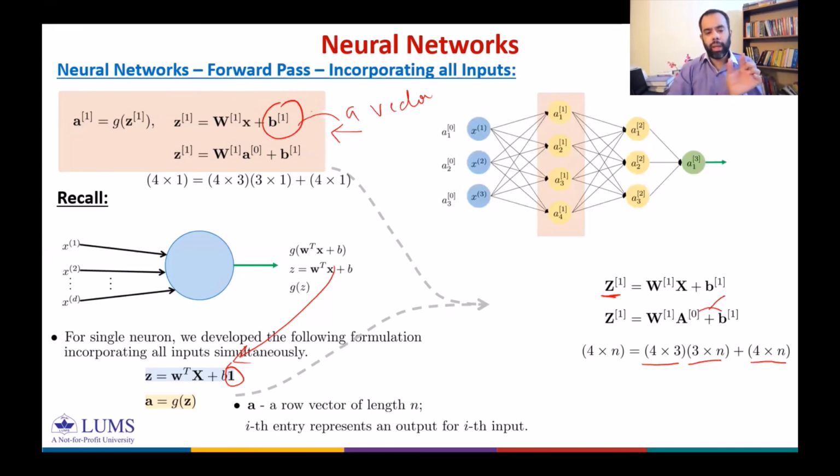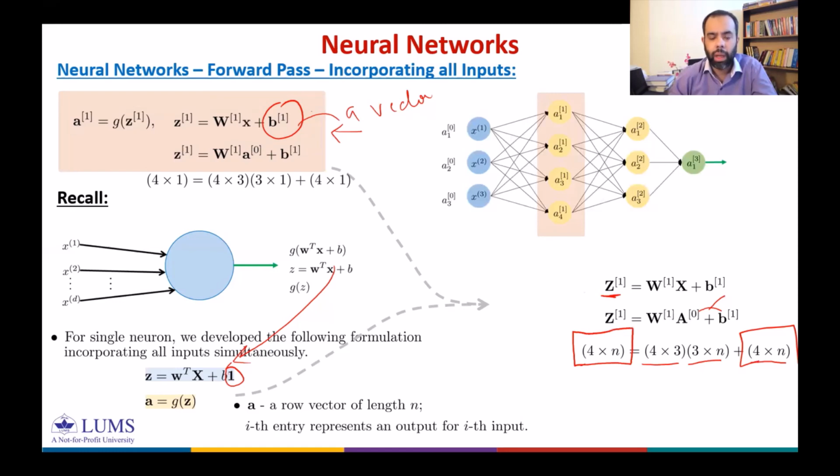And if I concatenate the same B n times, if I stack the same B n times, I get this 4 times n matrix, which has n copies of the vector up here. And finally, we obtain 4 times n. So Z is a matrix containing the output for the first layer for all the inputs.